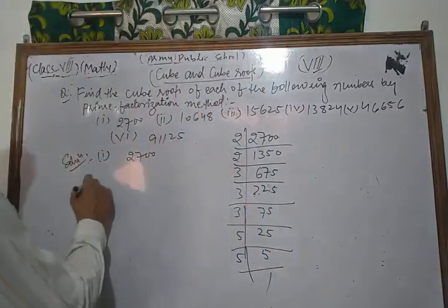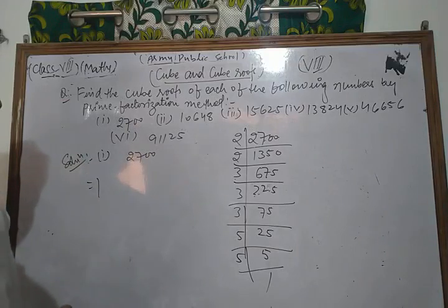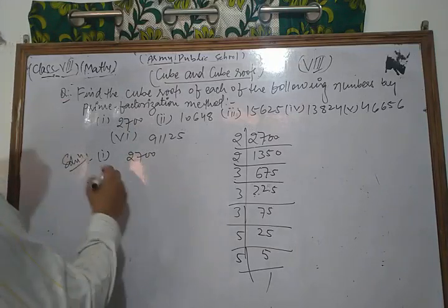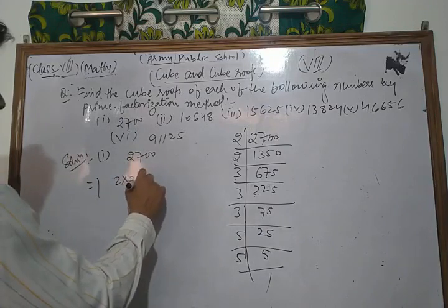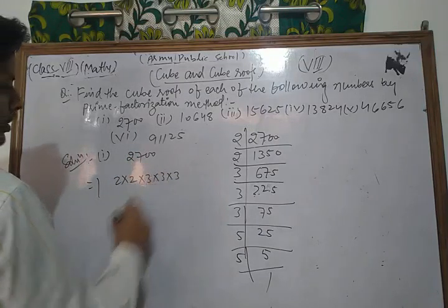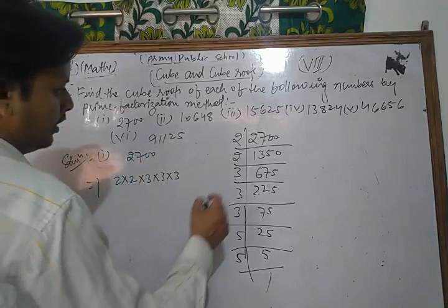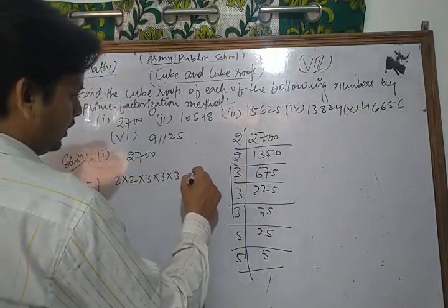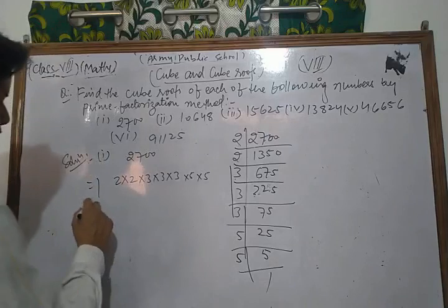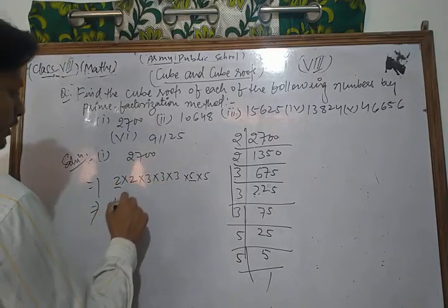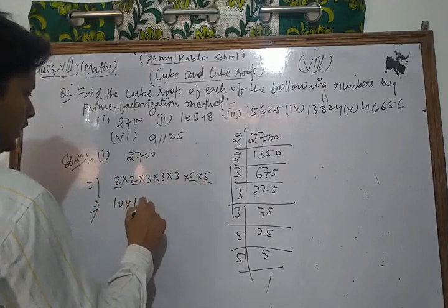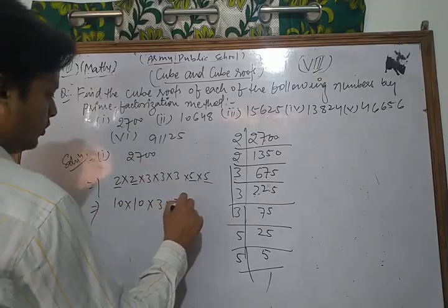Now we observe that if we factorize it, we get 2 into 2 into 3 into 3 into 3 into 5 into 5. So here 2 times 5 is 10, and 3 into 3 into 3.